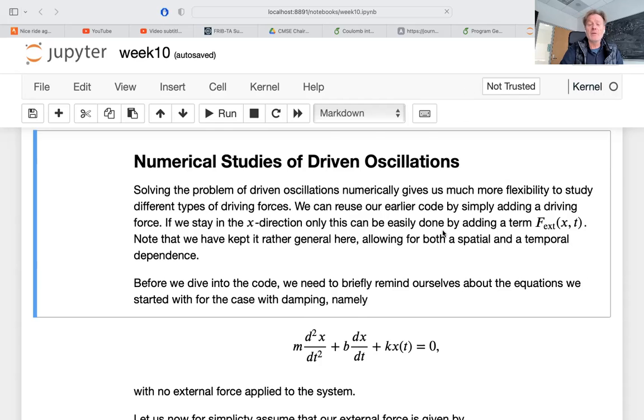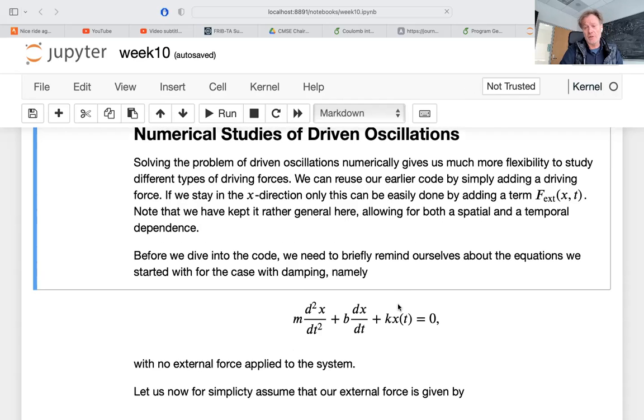In our case, we have been studying harmonic oscillations where we have a term which is supposed to represent friction, and it's a term which is linear in the velocity, and we see that in the dx/dt term. So this is a one-dimensional equation for a spring force.